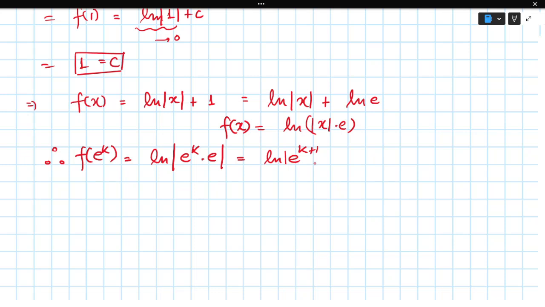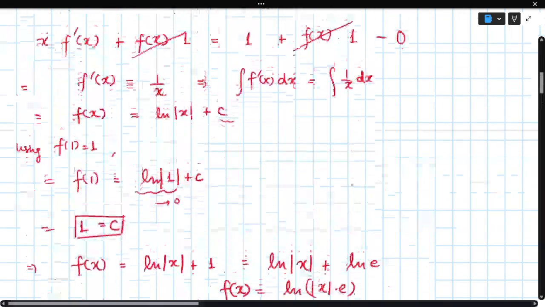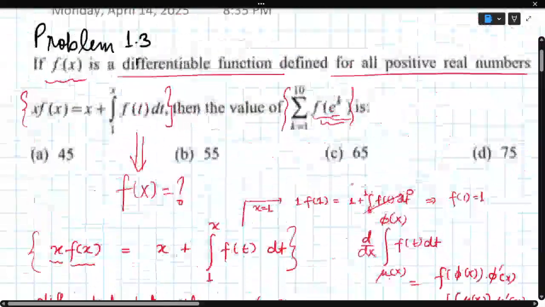Now we know the property of logarithms that k plus 1 can be taken outside. So it is (k plus 1) ln|e|, where ln|e| is 1. Therefore we get f(e^k) as k plus 1. That makes your question easier.